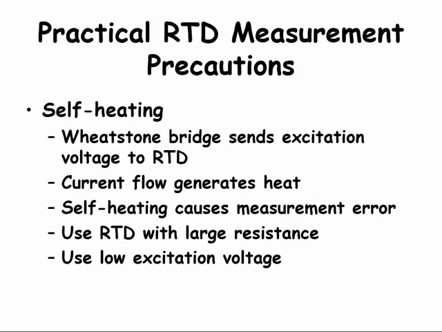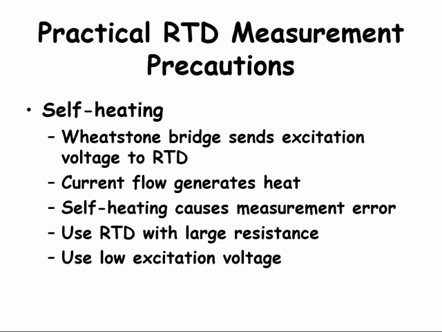RTDs are very good temperature sensors, but they have measurement issues too. One of the issues with RTD measurement is called self-heating. Self-heating is associated with using a Wheatstone bridge circuit. The Wheatstone bridge circuit supplies the RTD with an excitation voltage, and when the voltage is applied, there is current flow through the RTD.